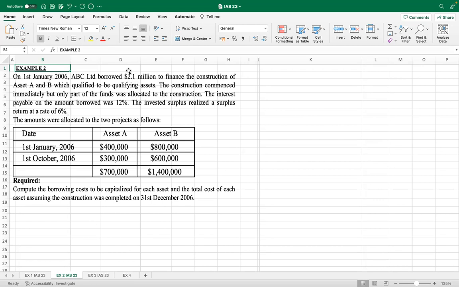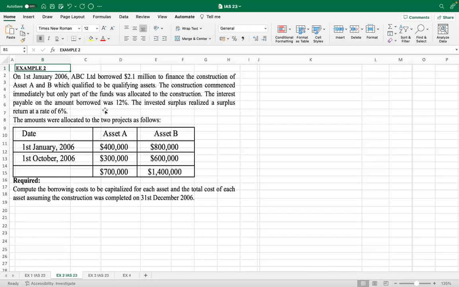We borrowed 2.1 million to finance construction of two assets, asset A and asset B. The interest paid on it was at a rate of 12% per annum. Because we did not use the entire 2.1 million in January, any amount that was not used was being invested. And when we invested it, the return on investment was 6%.